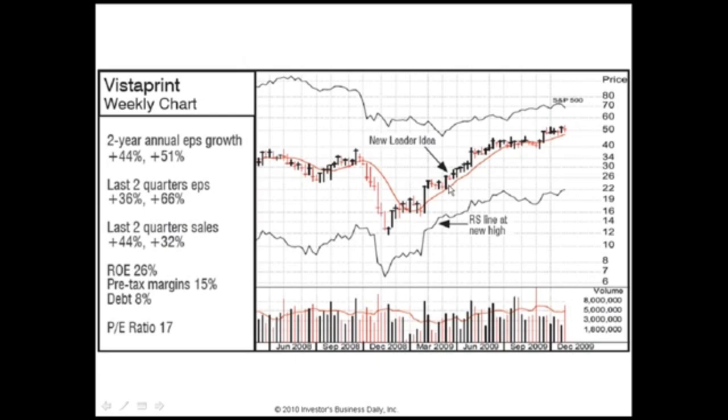Now, that was a steep one and a little bit different than most, but it was drifting down, and you had all the earnings, you had everything else there, and it moves up, and there's one period, 1, 2, 3, 4, 5, 6 weeks again, straight in a row up, and some tight areas.